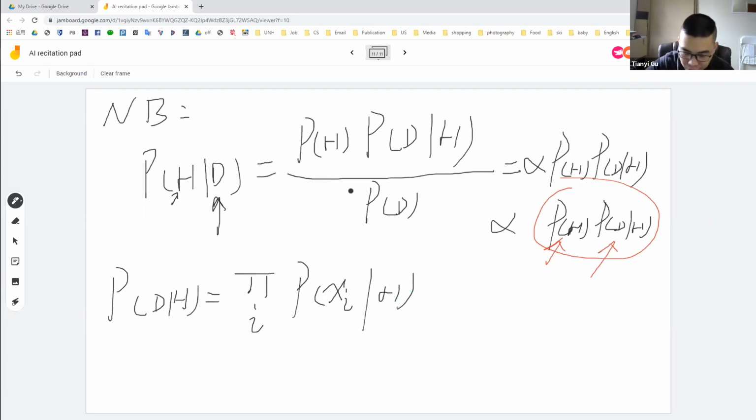So given the hypothesis, what's the probability of that digit, of that image we get? And then we count the probability of all the pixel values. Does that kind of make sense?